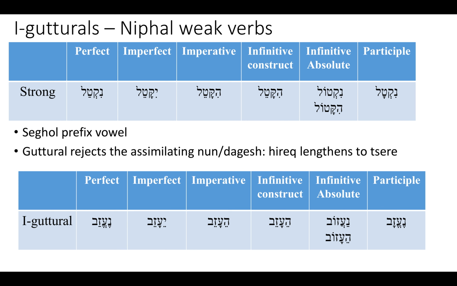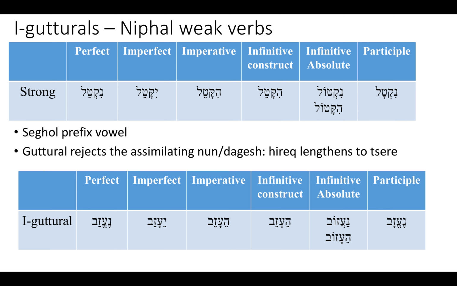Then if you look at the imperfect and the forms that follow after that, the ones where you would expect the assimilation of the nun from the Niphal into the guttural, that assimilation is rejected. So with ye'atsev, we now have a rejection of the Niphal dagesh assimilation, and that gives us a tsere under the yod in the imperfect. So the hireq has lengthened there to a tsere.